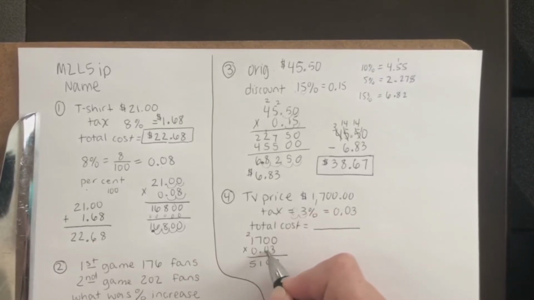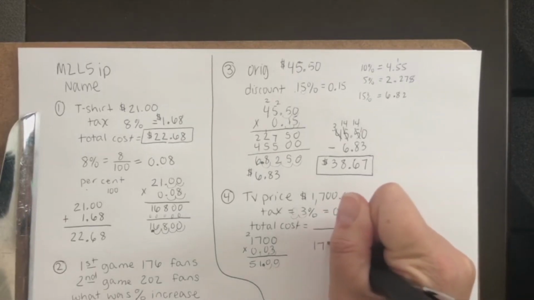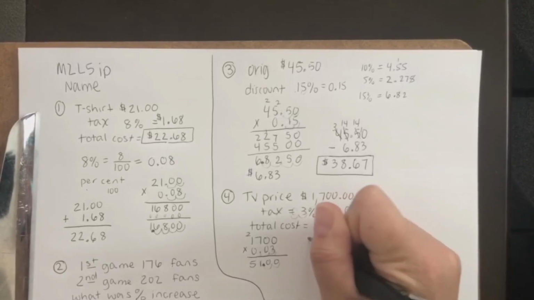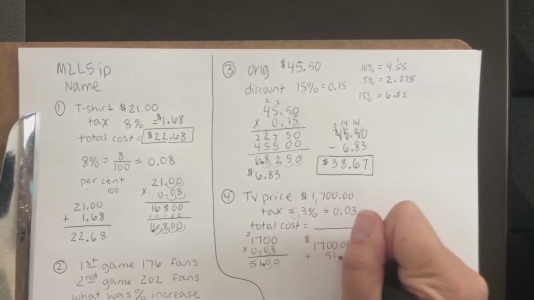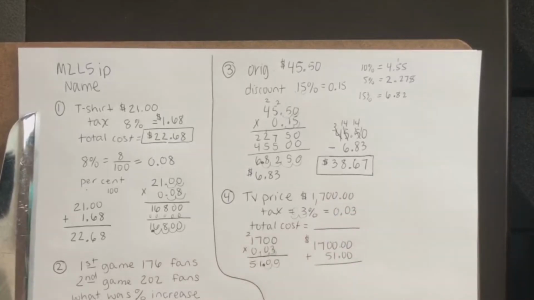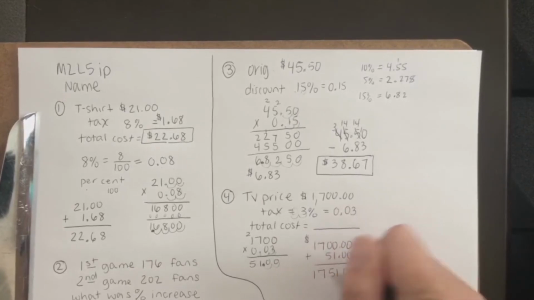And we don't need to do anything with these zeros, so we just need to calculate 2 decimal places. 1, 2 decimal places. So the tax is only $51. So let's add that. $1,700 plus $51 will be $1,751.